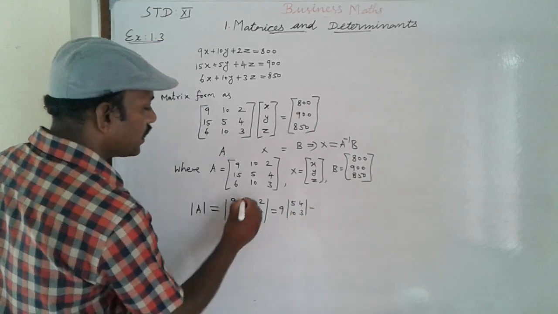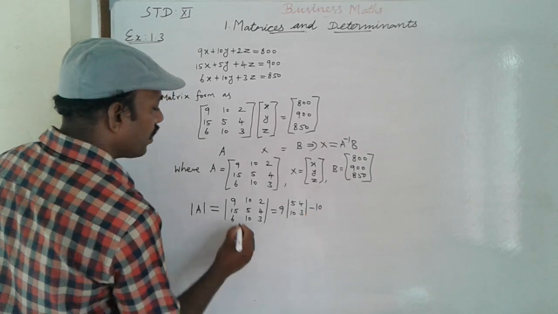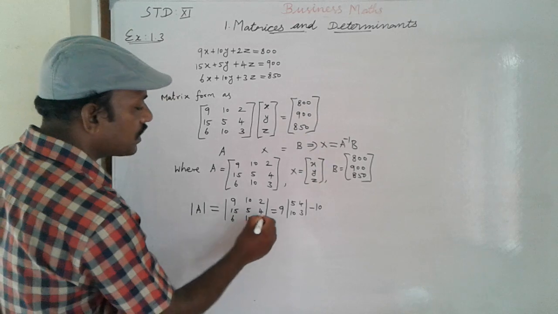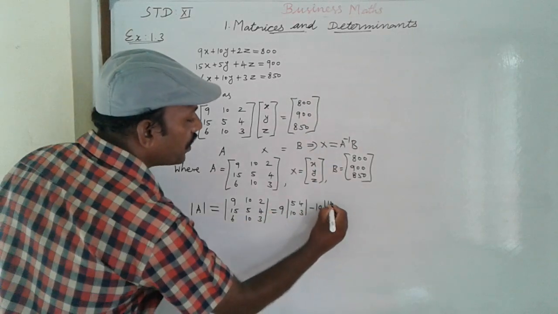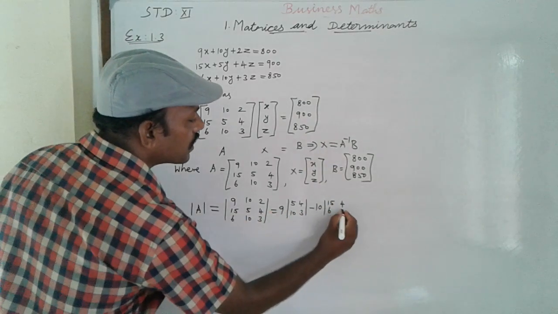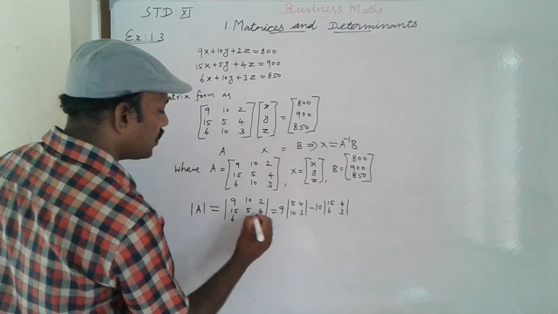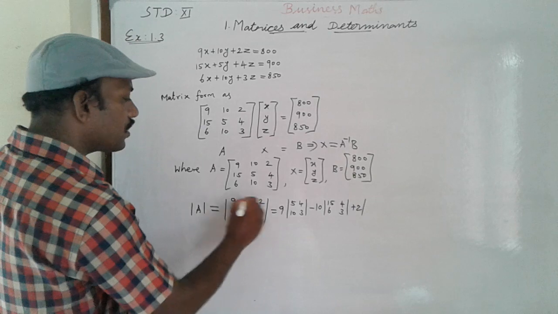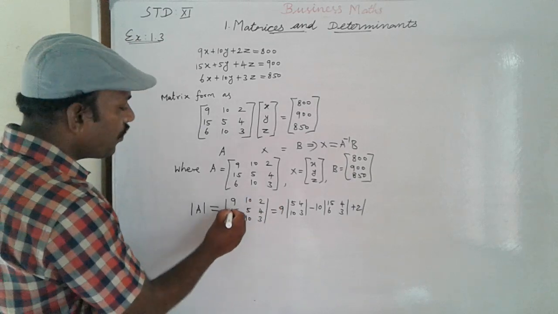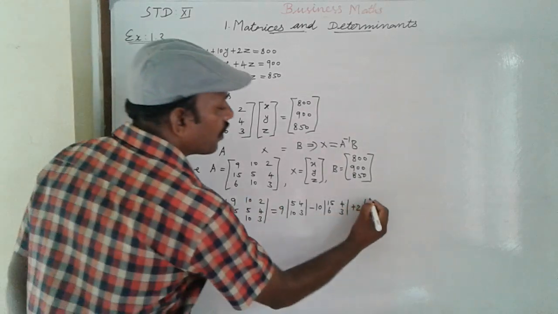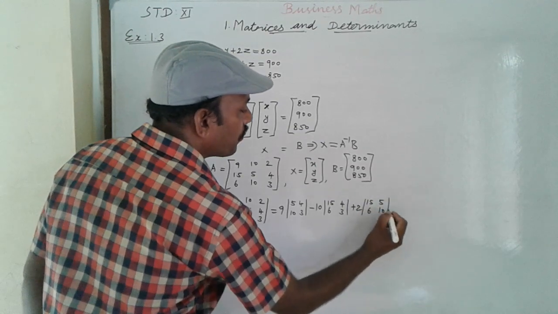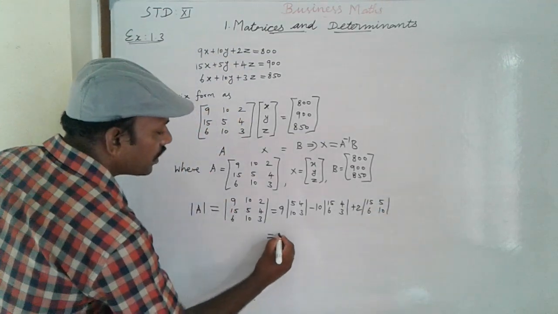Minus is the sign. Next, 10: eliminate its row and column, leaving 15, 4, 6, 3. Next, plus 2: eliminate its row and column, leaving 15, 5, 6, 10. Now we find this value.